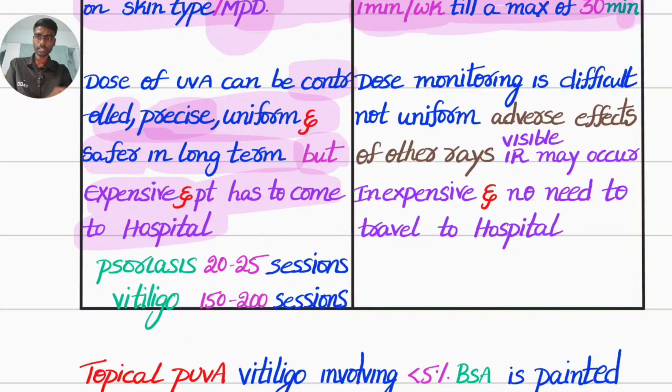Whereas in sunlight, not only UVA, visible light, UVB, various other lights, unnecessary exposure to side effects of those lights also. So irradiation is not uniform. Adverse effects of other rays, visible rays, infrared rays may occur. But only advantage is it is inexpensive. No need to travel to hospital, easy to administer at home also.